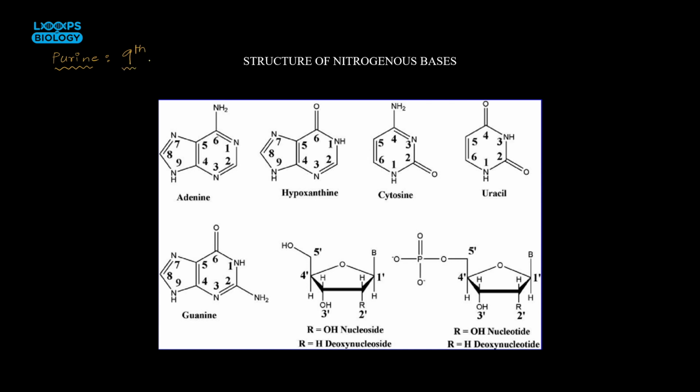So ninth nitrogen of purine is attached to 1 prime carbon of your ribose sugar. While if I am considering pyrimidine, then the first nitrogen is attached on first prime carbon of your ribose sugar.